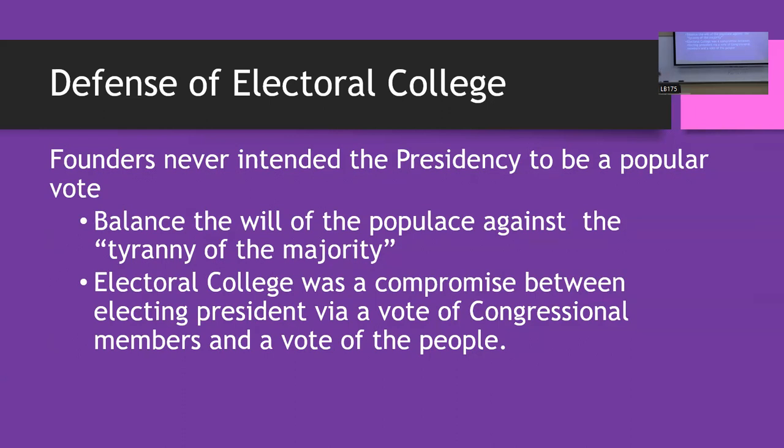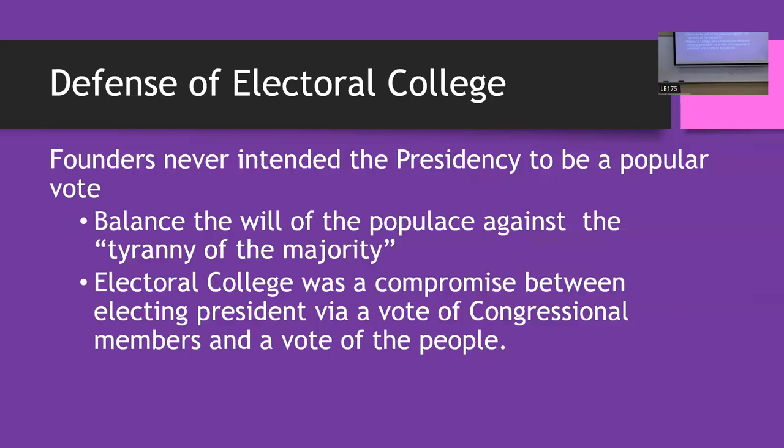So one side of it said, well, let's let the legislative branch actually elect the president directly. And the other side says, well, no, let's actually let the people elect the president. And so they came together. It was a compromise between those two, and they said, well, let's use the Electoral College.